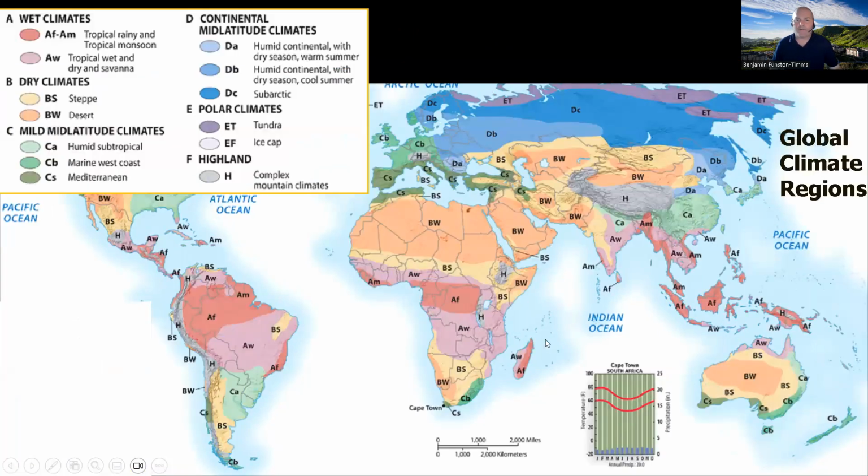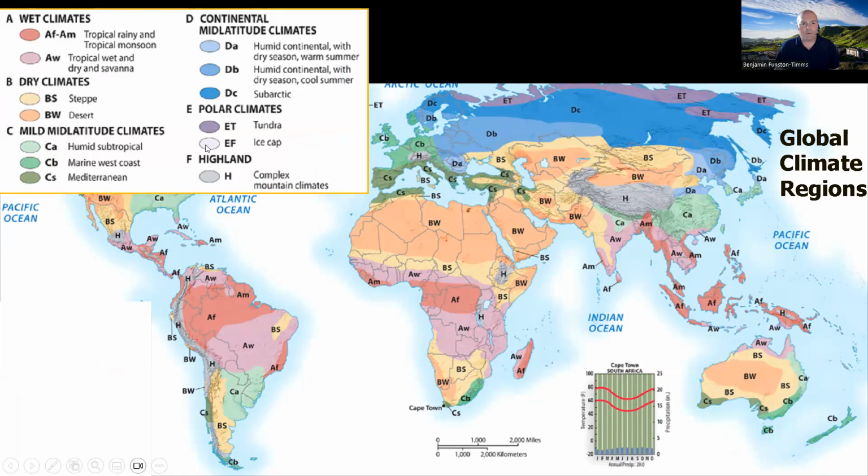And that creates climates. The basic way to look at climates, so that we understand it throughout the course, and we'll do it for each class, is that we have wet climates, A, dry climates, which are B, mild mid-latitude climates, which are C, D are temperate mid-latitude climates, polar climates, and highland.